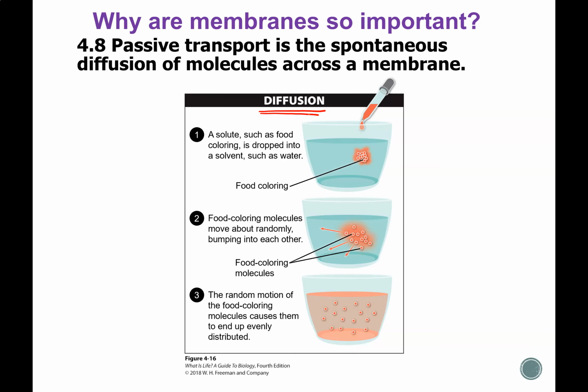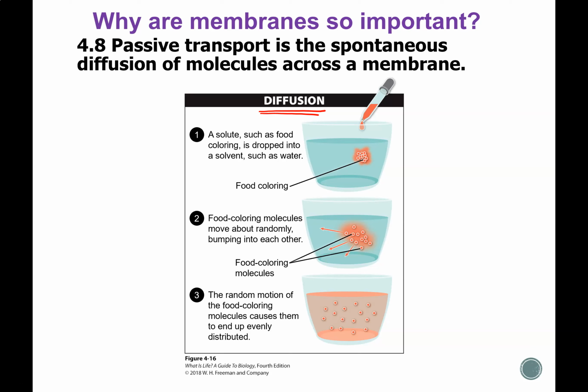Now, even if you've not taken a science class before, you probably have an idea of what diffusion means. Diffuse means to spread out or to dissipate, right? You've probably talked about diffusing the situation, spreading out the situation, calming it down, relaxing the tensions, right?